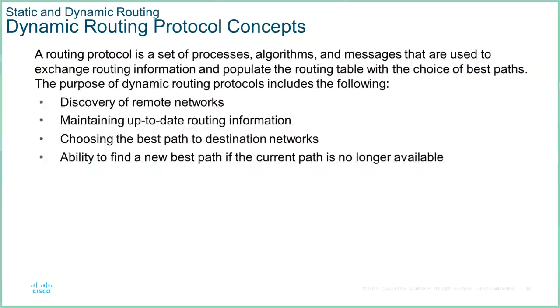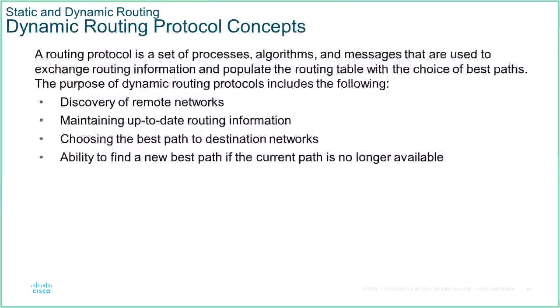So, what is the purpose of dynamic protocols? Well, they're used to discover remote networks, maintain the routing table information with the latest information. It then determines which path to the destination is the best one, and then adds that best path into the routing table for the device to make its path determination on.